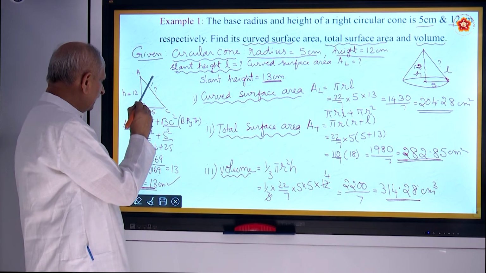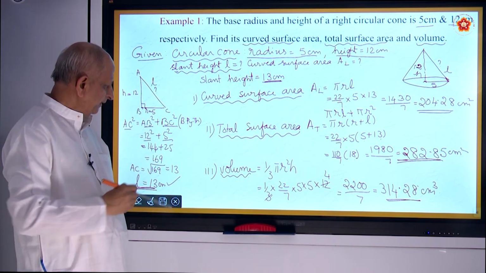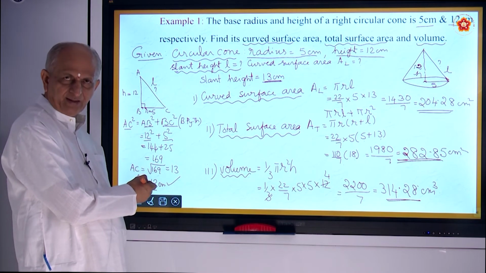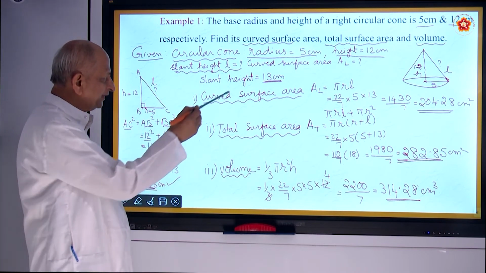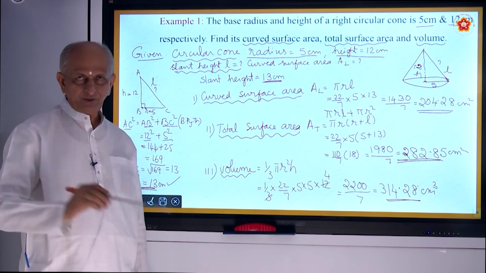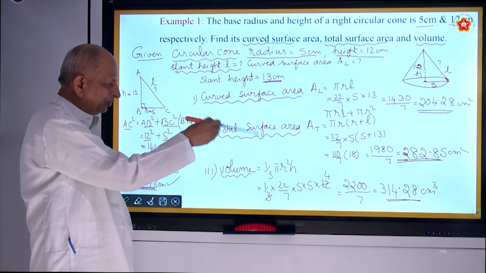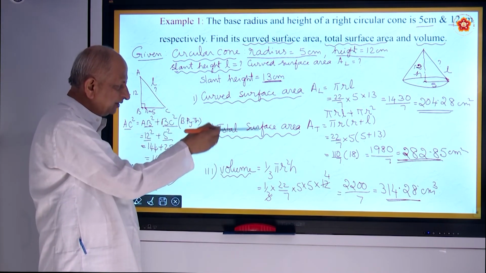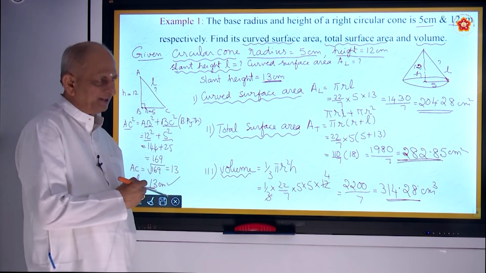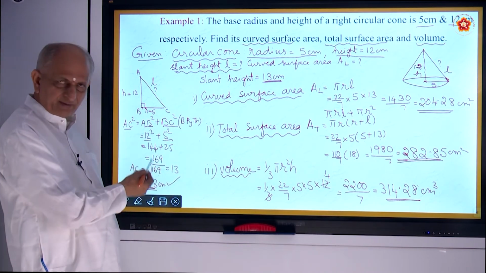You are finding L. So, by the Pythagoras theorem we got the value of L. That is the first step you must do. Without that you can't get the answer. This you can get, but these 2 areas can be got only after getting L. Are you looking at it?